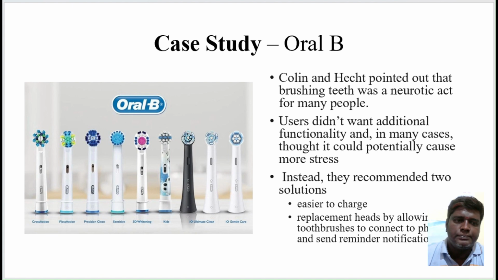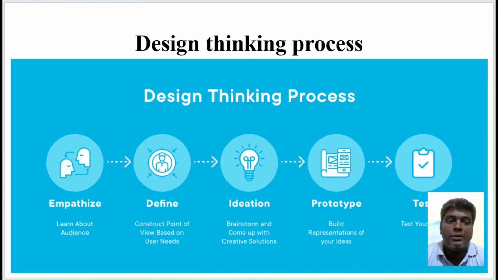And another one is the design thinking process, which is one of the important questions frequently asked. The design thinking process consists of five stages. The first one is empathize. You have to learn about the audience, that is the user, customer, client, whoever it may be.